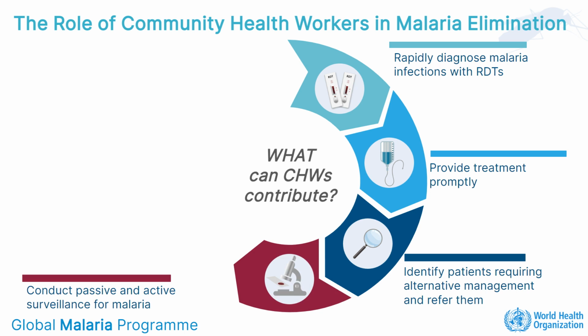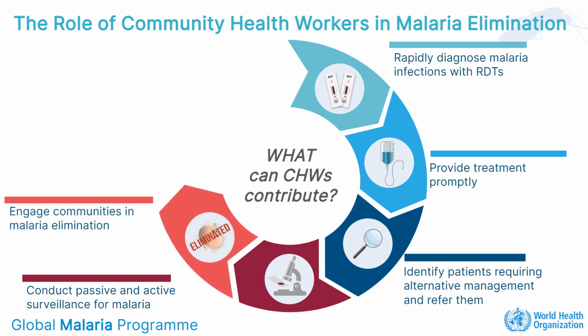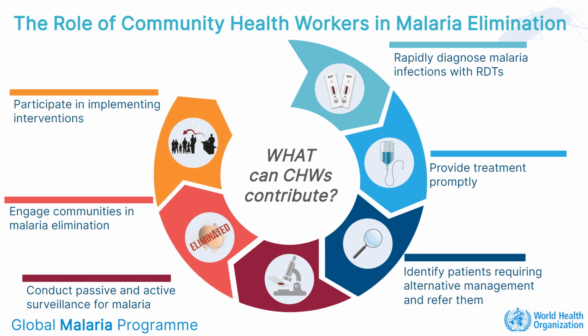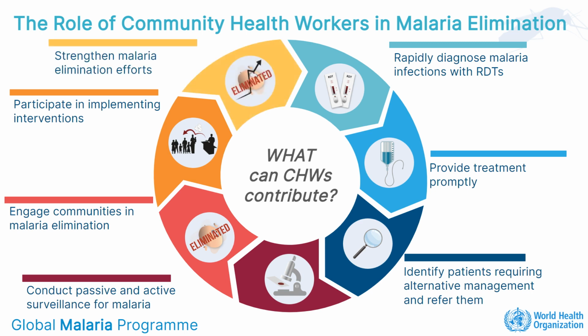Through their relationship with the community, CHWs can be advocates for malaria elimination and engage communities to participate in elimination activities. CHWs can also participate in many elimination interventions such as mass drug administration, vector control, case, and focal investigation. In areas where health facility coverage is not optimal, community workers should be empowered, trained, and supported to strengthen malaria elimination efforts.